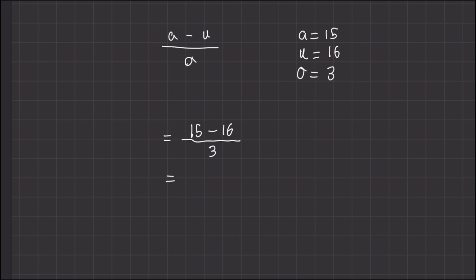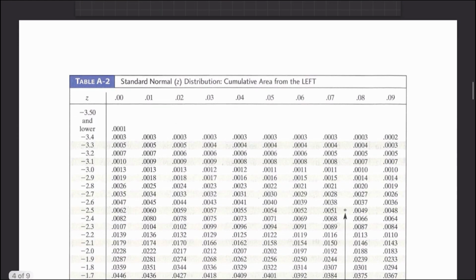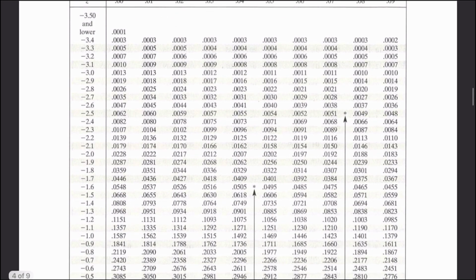We take out our calculator. This is equal to negative 0.333. Now, we're not done just yet. Now we need to take this 0.333 value, and we can go to our probability table.